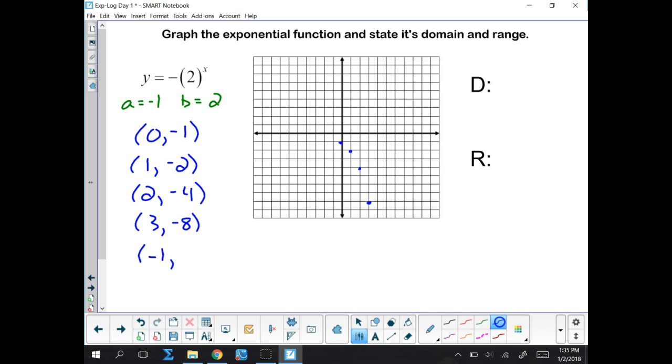Then -1, a divided by b, so that's -1/2. Still have the asymptote there, but now they're all below, right?